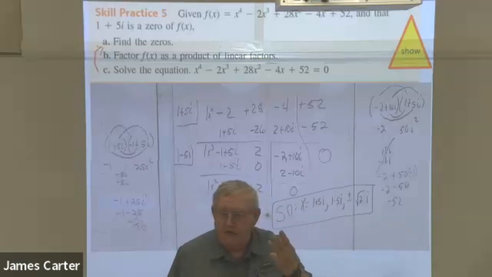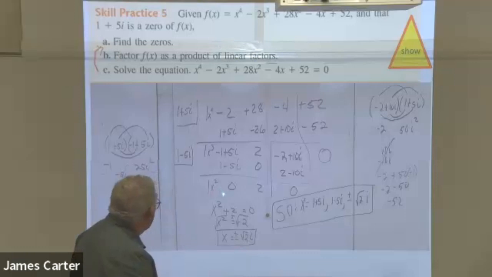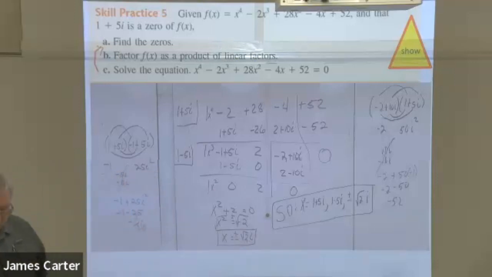And then we have the quadratic formula, once we get this equation down to an x squared. Okay, so here are the 3 factors. Notice in every case we've got a minus there and a minus there.